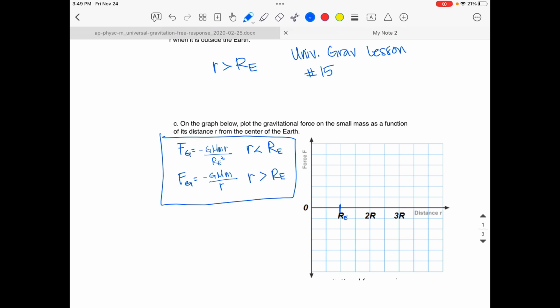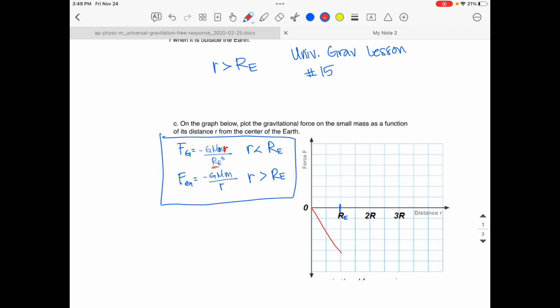For the first force of gravity, where r is less than r_e, we've got r here. The radius of the Earth doesn't change. Everything else is constant. So this is a linear graph. It's going to go in the negative direction, and we're just going to draw a linear graph hitting some point and stopping at r_e because we know it's going to change.